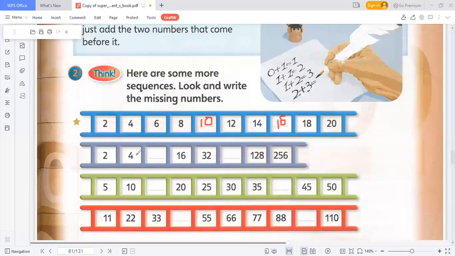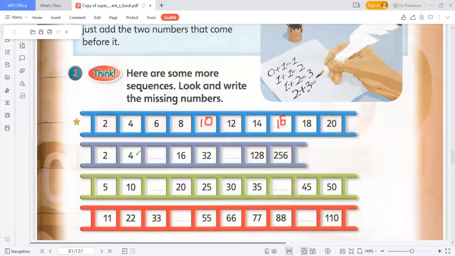Okay, try to think of numbers next to 4. Do you have any idea? So we have 2, 4, 8, 12.